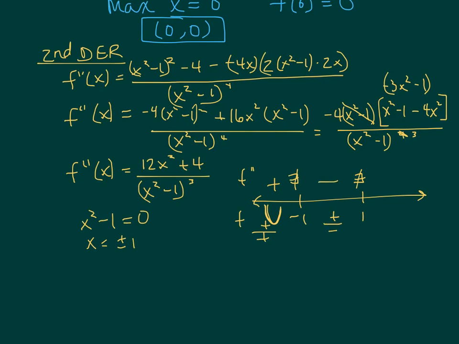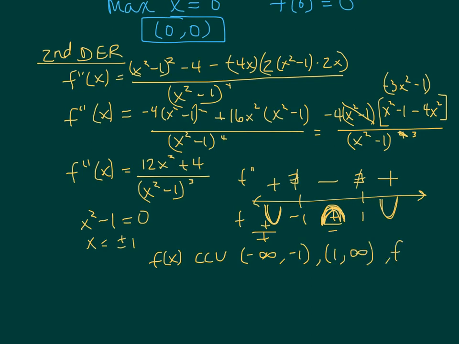So that's going to be concave down. And then I'm going to test a positive 2. And again, that's going to be positive over positive, so concave up. All right, so my conclusions are that f of x is concave up from negative infinity to negative 1 and from 1 to infinity.